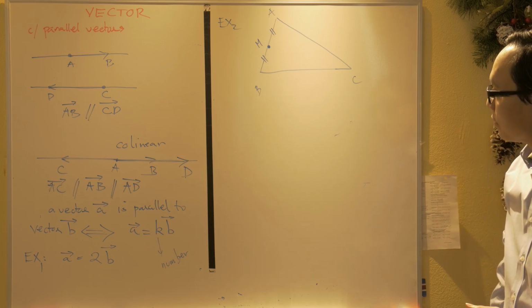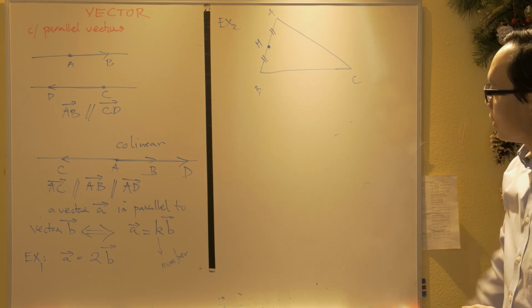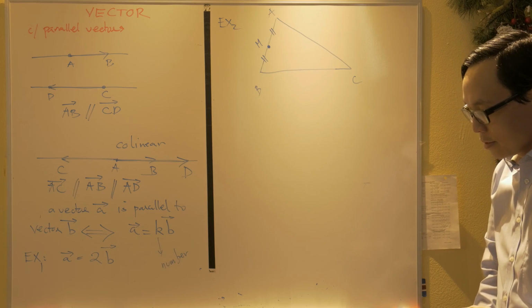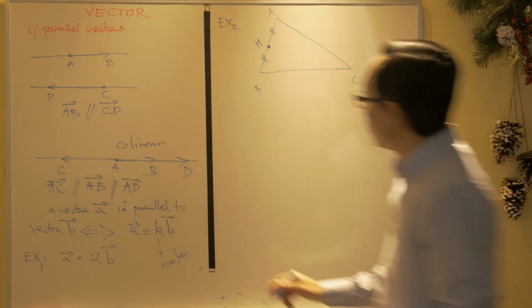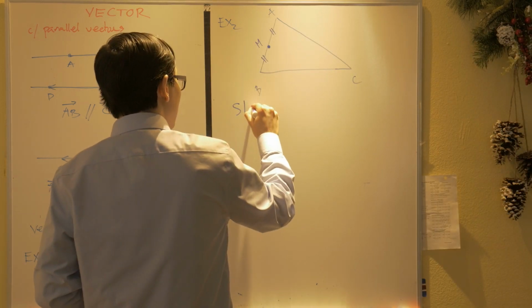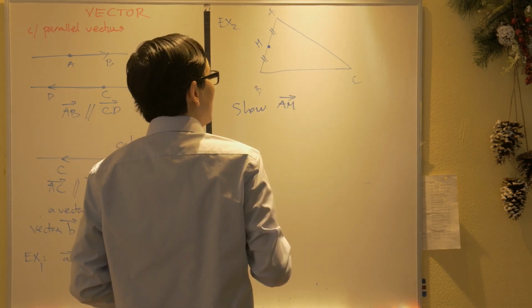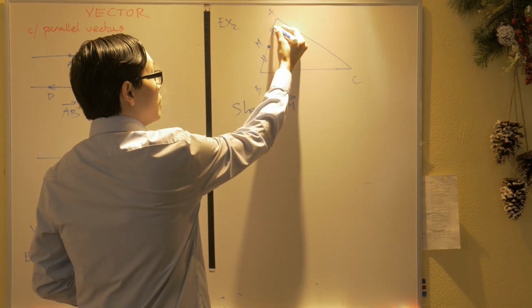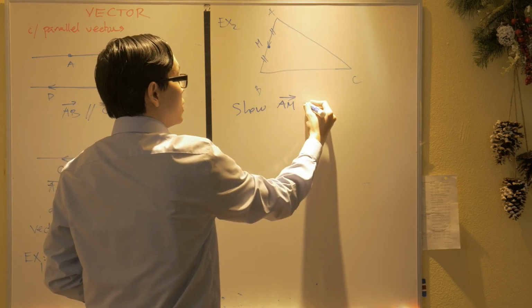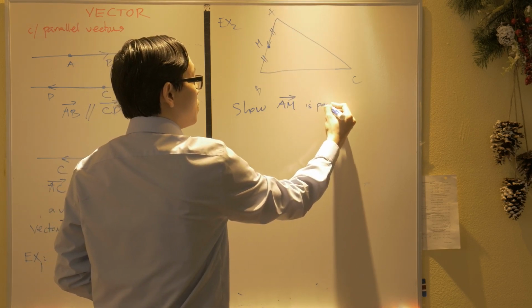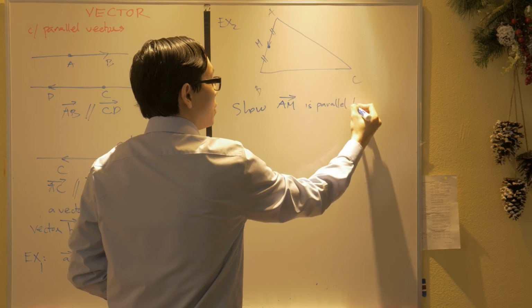I want to show that vector AM is parallel to vector AB.